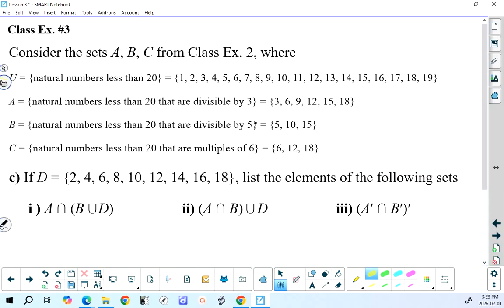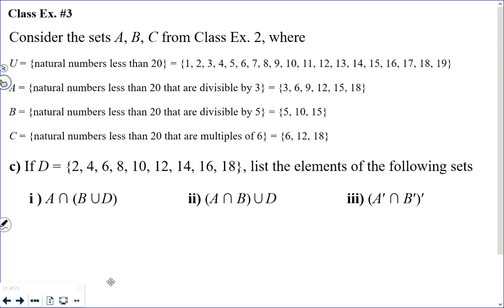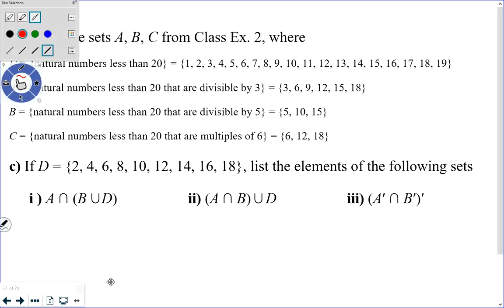We got one more. If we introduce now a new set, D, which is 2, 4, 6, 8, 10, 12, 14, 16, 18, what is the intersection of the union of B with D? Well, I think it will be helpful for us to write down what the union of B with D is.